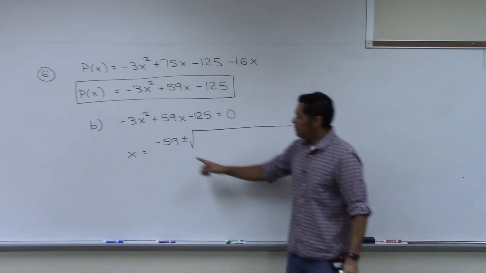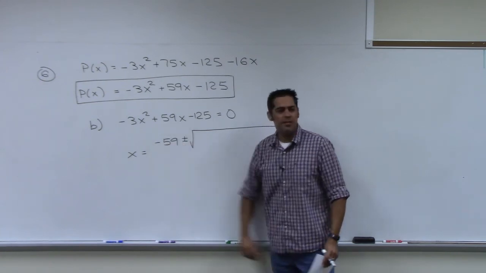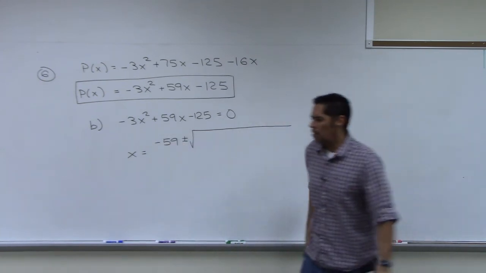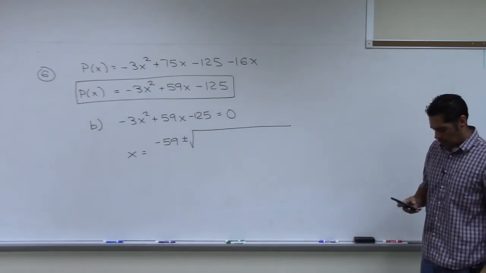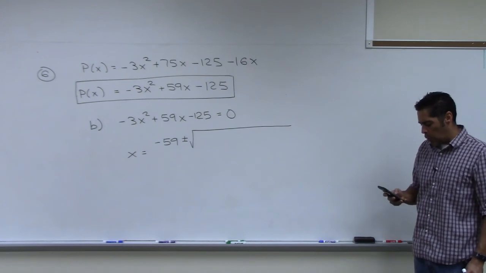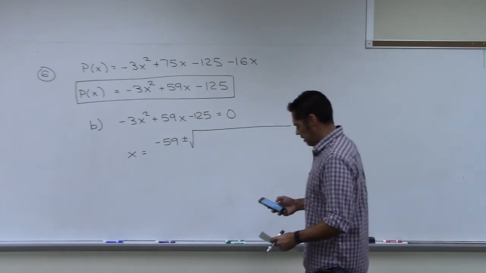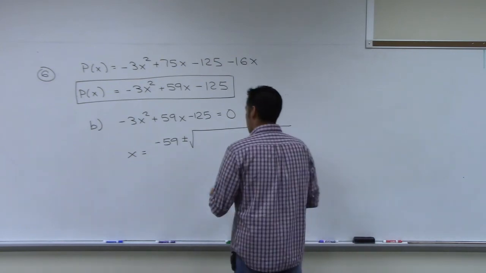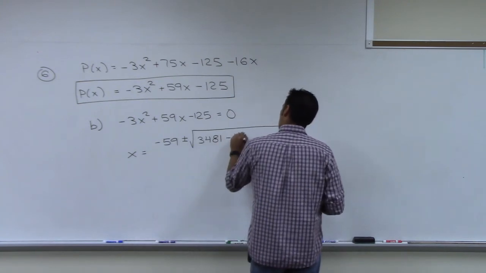So I'm using the quadratic formula. Negative b, there's b, negative b plus or minus 59 squared. Oh, I have to use my phone. 3,481 minus 4 times what?